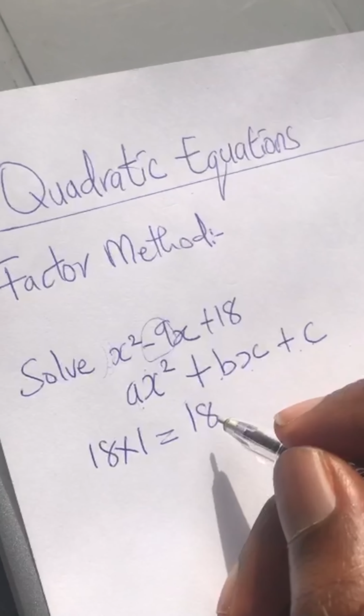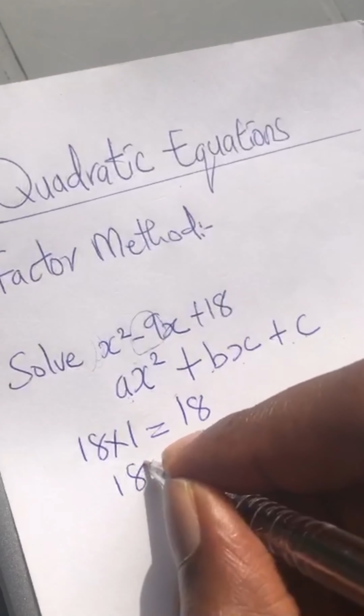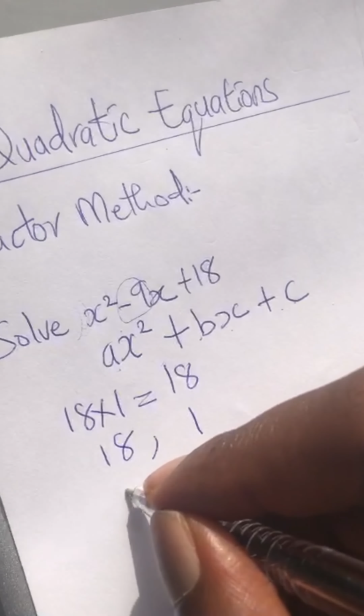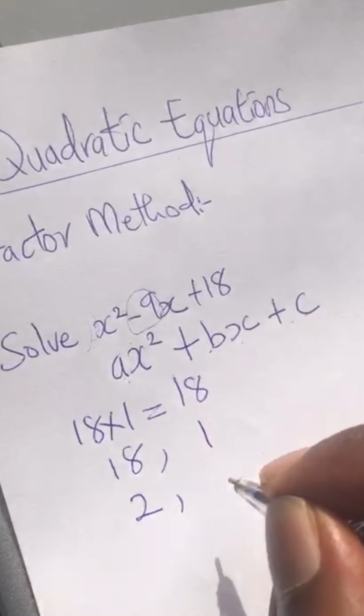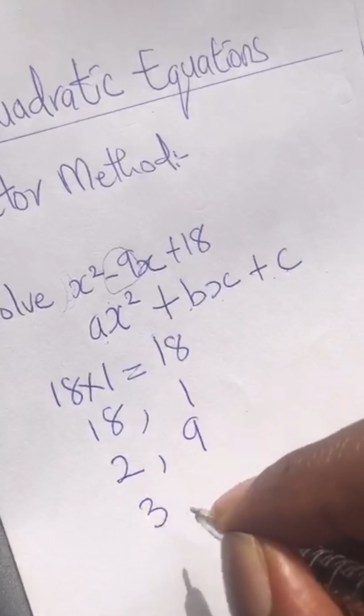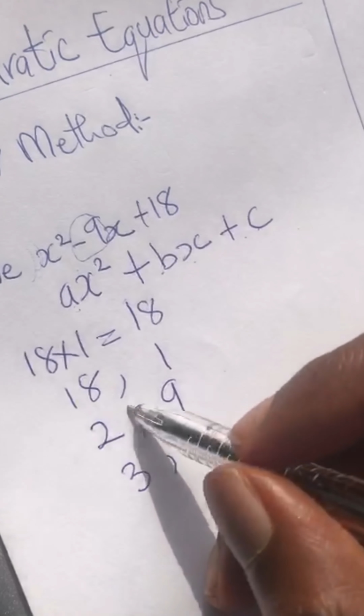What are the factors of 18? You can come up with a few things. You can come up with 18 and 1. You can come up with 2 and 9. You can come up with 3 and 6. So these are all factors.